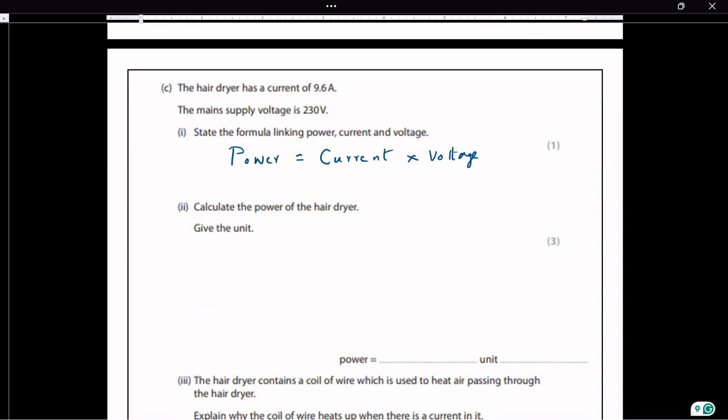So power is I times V, and here the current is given and also V is given. So just substitute the values. The current of 9.6 amperes times 230. Please make use of your calculator to get the answer. It is giving an answer of 2200 watts. So power is 2200 and the unit is watts.